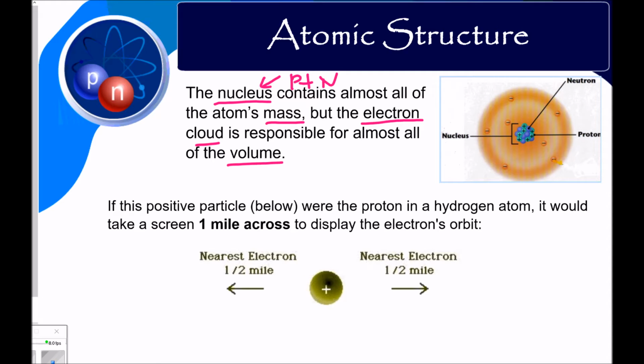If this positive particle below were the proton in a hydrogen atom, it would take a screen 1 mile across to display the electron's orbit. So what that means is this is a proton, so it's found in the nucleus, in the center of the atom. So the nearest electron would be half a mile this way or half a mile that way. It's just trying to give you an idea of how large this electron cloud is.